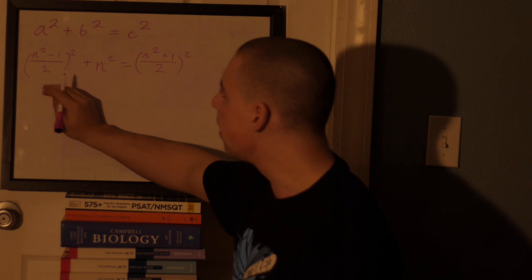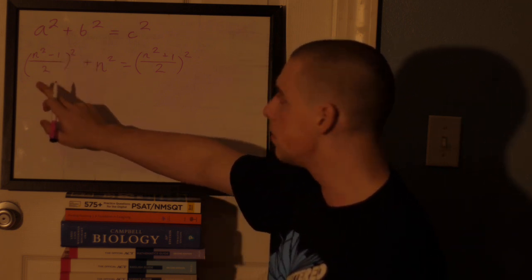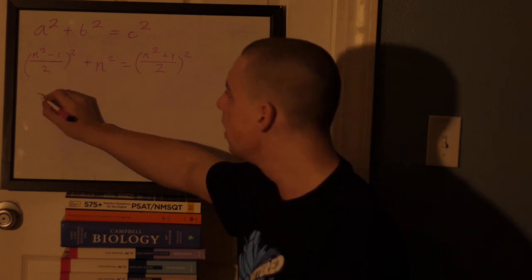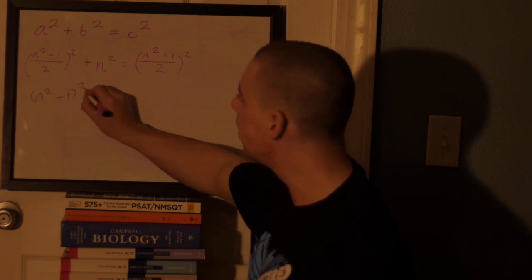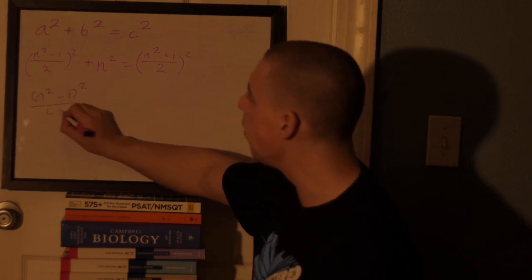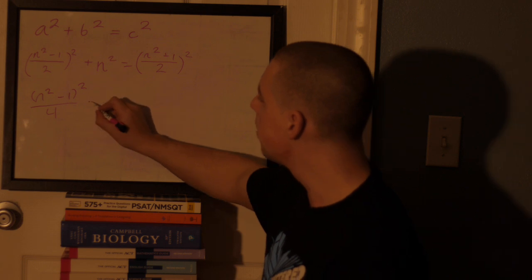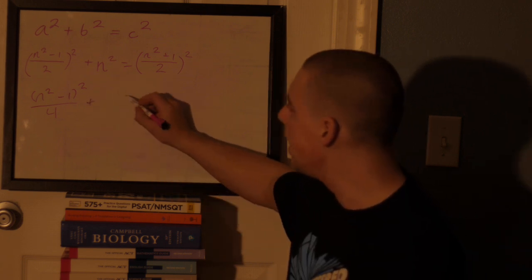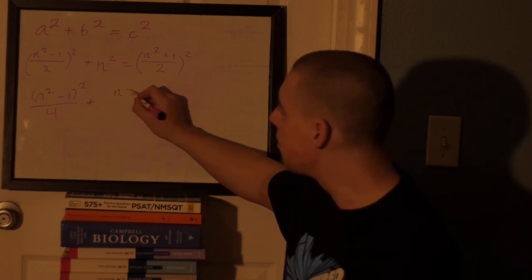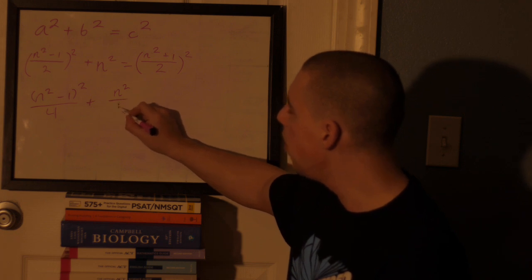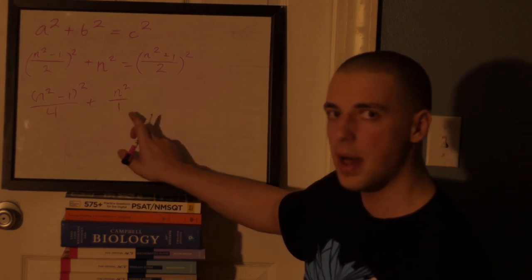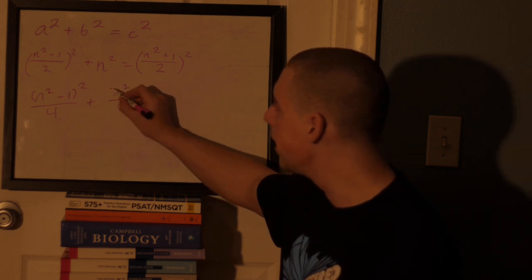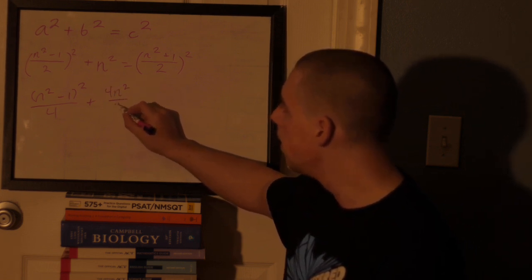So we can start off by distributing the square to the top and bottom of the fraction. (n squared minus 1) squared over 2 squared, which is 4, plus, if we imagine n squared as a fraction, n squared over 1, we can multiply the top and bottom by the same number, and we can get 4n squared over 4.